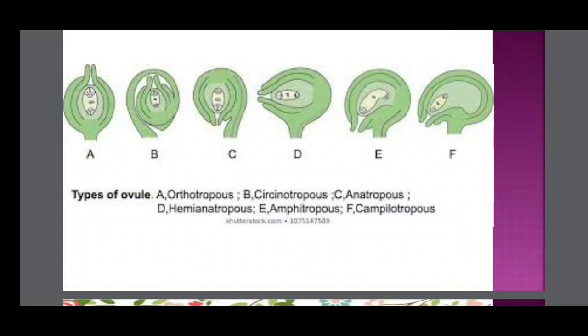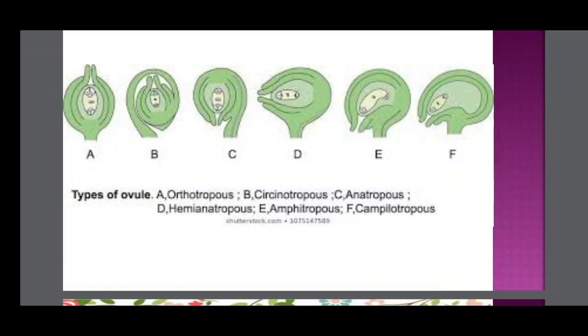So D is the hemianatropous. The ovule body stands at a 90-degree angle on the funicle, that is called hemianatropous. The next ones are E amphitropous and F campylotropous.